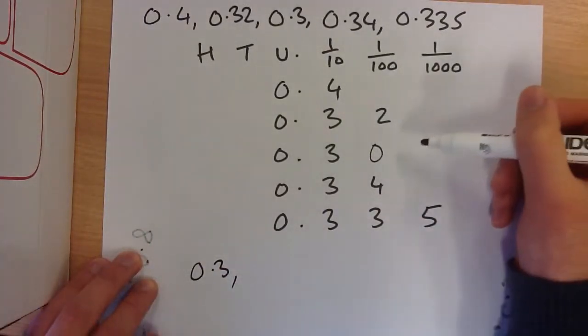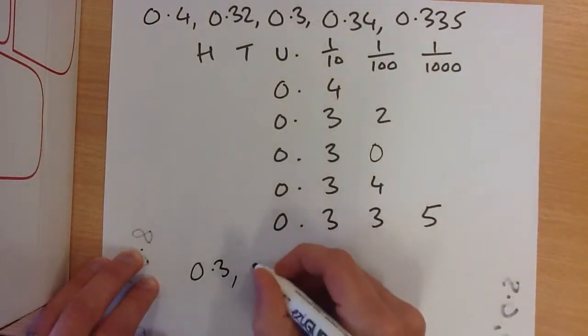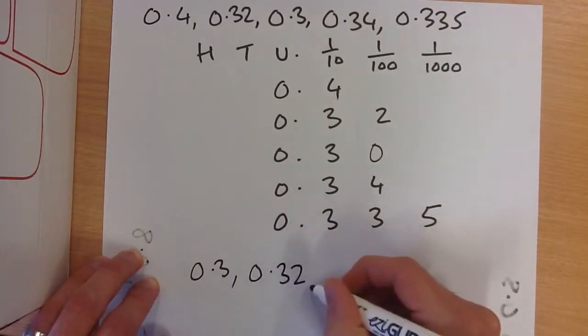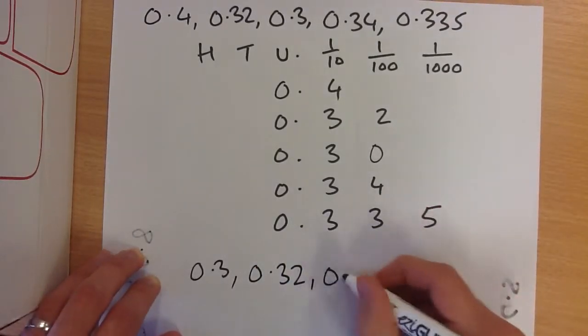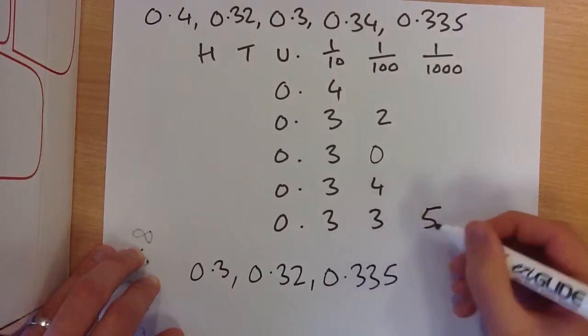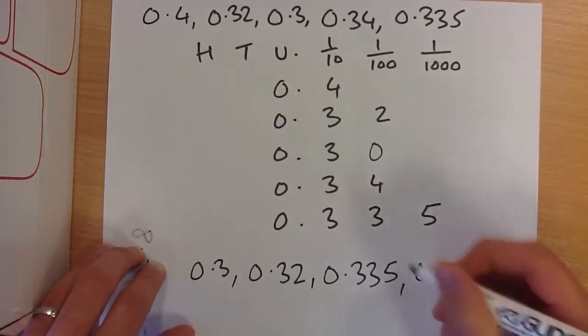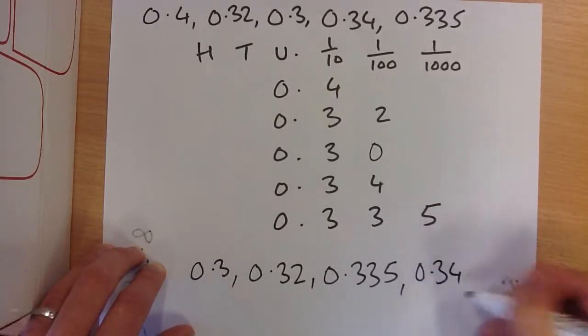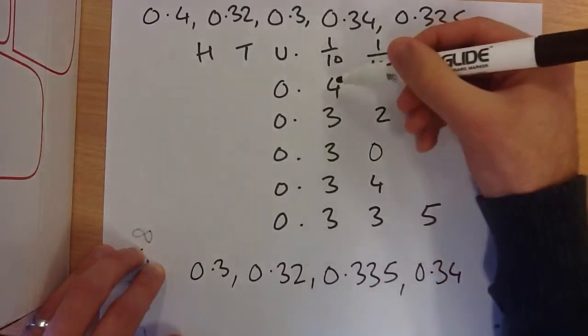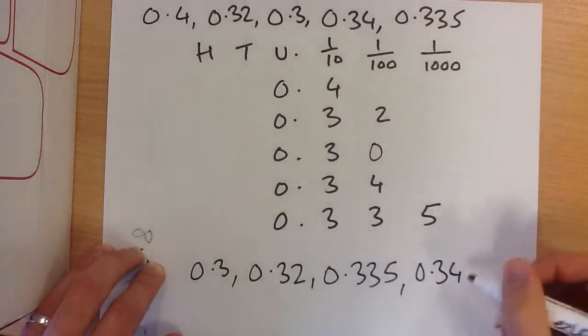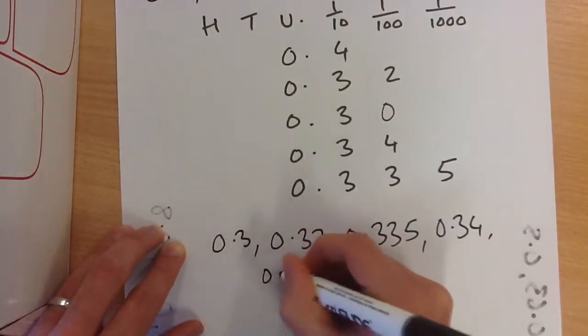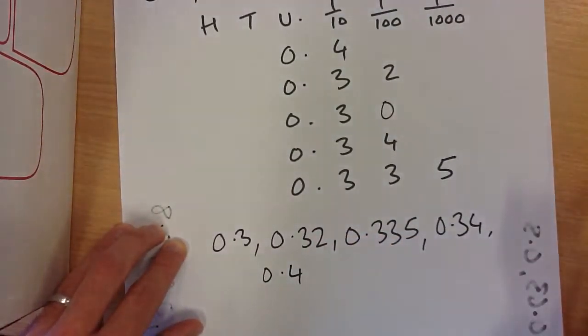Then, following that, 0.32 has 2 hundredths. 0.335 has 3 hundredths. 0.34 has 4 hundredths, and then for the final number, this must be bigger because that's got 4 tenths. So then that comes last.